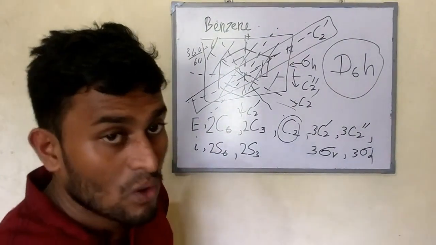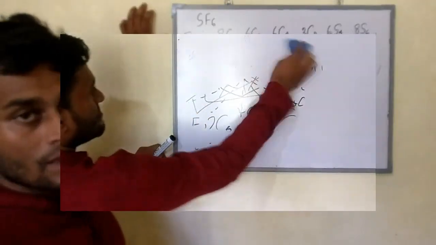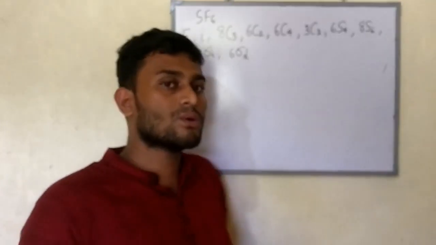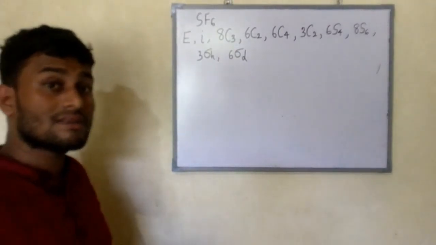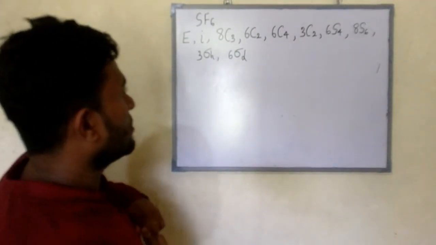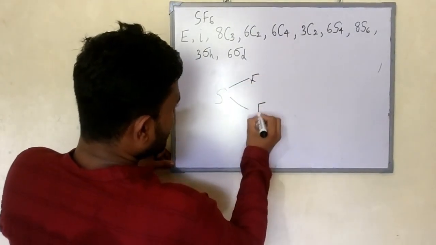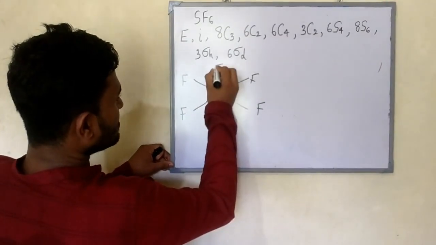So let's move on to the next example, SF6. Actually, when you take SF6, it is somewhat different molecule. It is a complex molecule. You know, SF6 has a shape of octahedral.